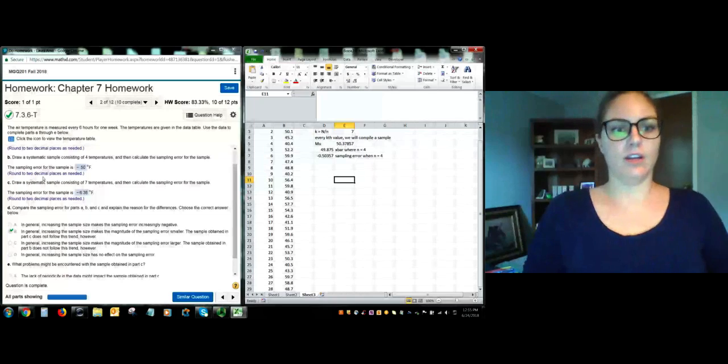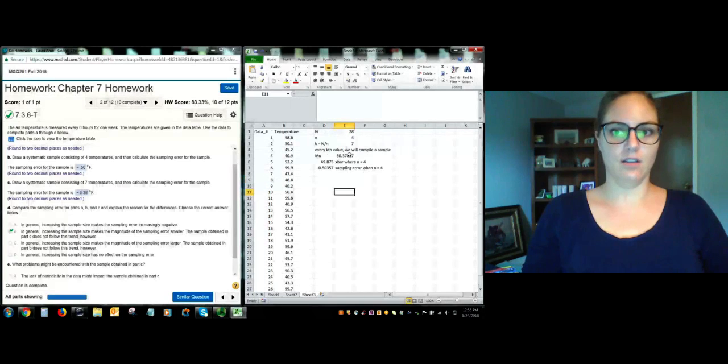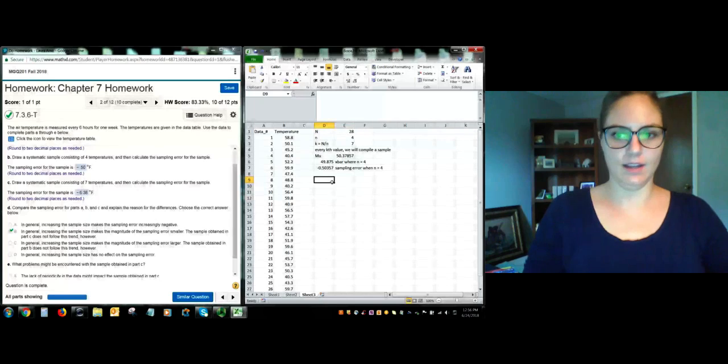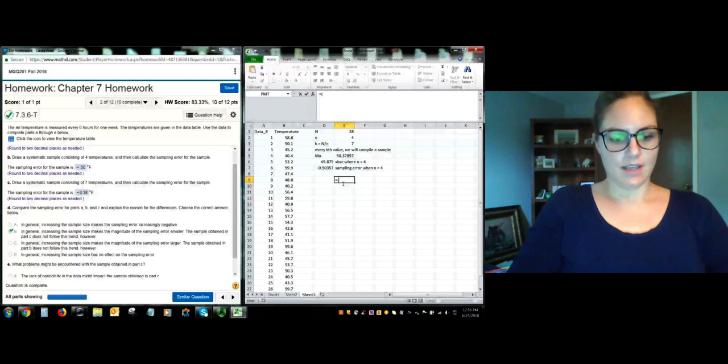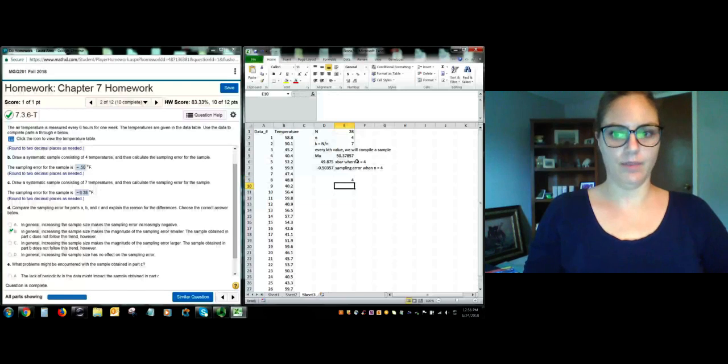All right, now we're getting another one, to draw a systematic sample consisting of 7 temperatures. So instead of 4 here, we're actually going to go ahead and change this to be 7. So in this case, my new k is going to be, my big N is still the same, 28, and here I'm going to divide it by 7, in order to get what that value of k is going to be.